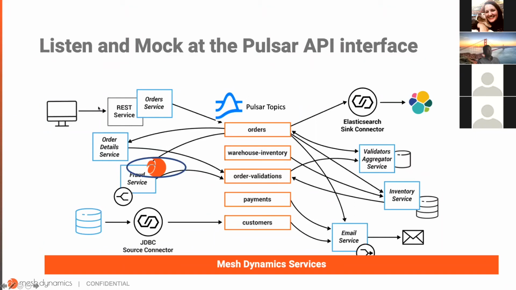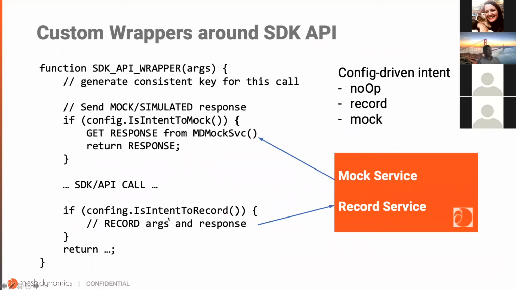Similarly, there are different kinds of listeners. So there is one for all the requests and responses going back and forth on the REST interface. And for JDBC, there are different types of listeners, right? And this particular type of listener for Pulsar, for the SDK, is of this flavor.